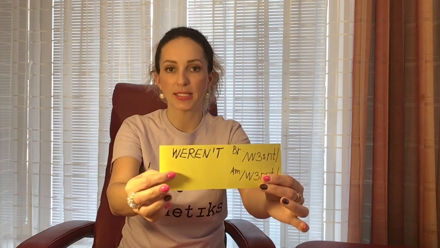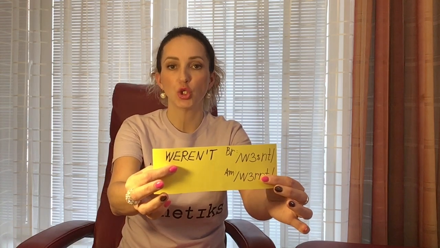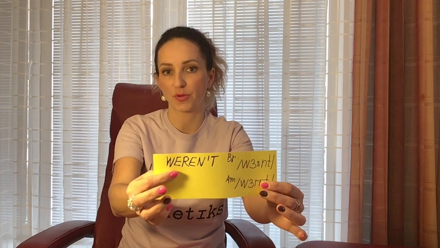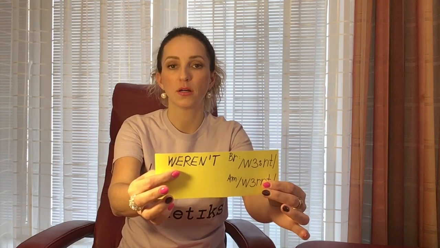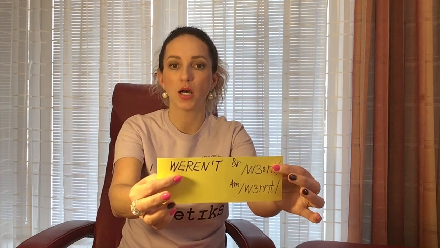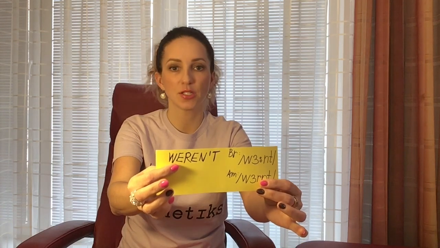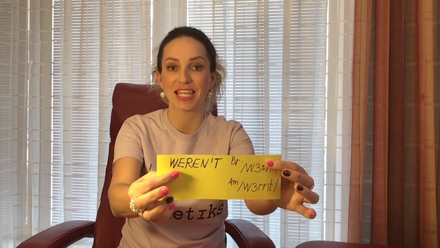Bear in mind, please, that in both cases you do use the long schwa sound, for British or for American. Again, weren't. So there's no other sounds in this particular form.